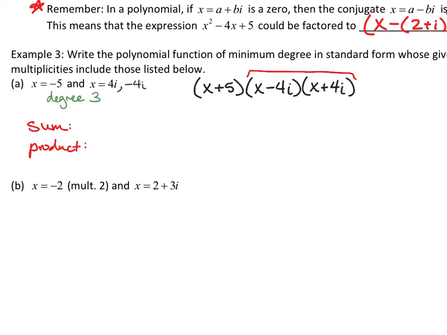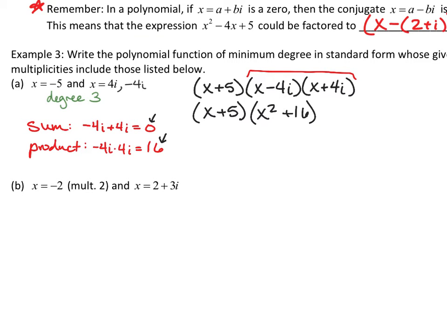Now the sum of minus 4i and plus 4i, well, that's 0. And the product of minus 4i times 4i, you can check me in your calculator if you don't believe me, is 16. Which means that those back two binomials will multiply together to x squared minus 0x, so I don't need to write it, plus 16.